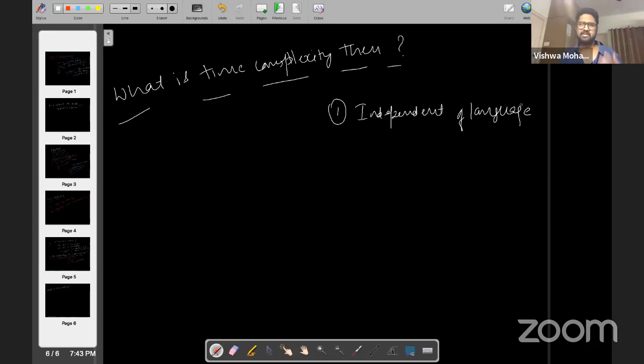Or I cannot say I have written an algorithm which works great for C++, but if I write the same algorithm in say Golang, it will not work well, right? If an algorithm is better, it means it's better in all the languages, whether you write in Python, C++, or Java, it doesn't matter, right? If an algorithm is good, it should be good in all the languages. So it should be independent. So our definition of time complexity should be independent of the language, okay?